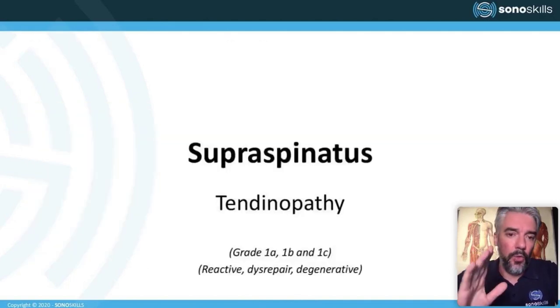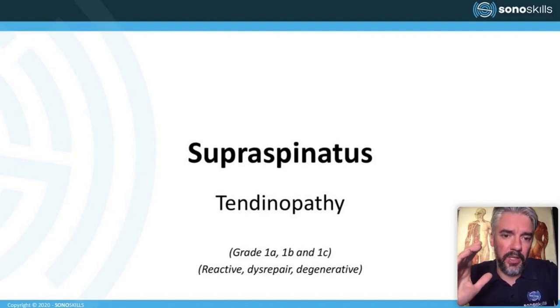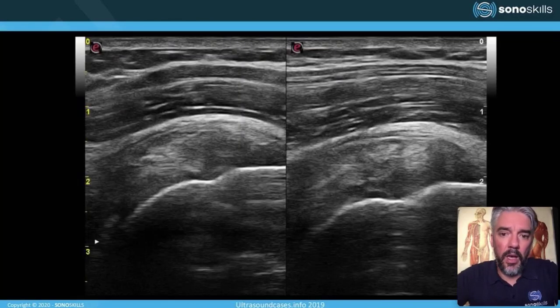Okay, so first let's look at the tendinopathy, grade 1B and C, that was the quantification, or in time, reactive, disrepair, and degenerative. In this case, we can see that the shape has changed, especially of the right one; this is the right, this is the left one.